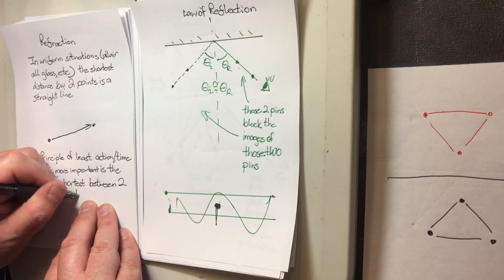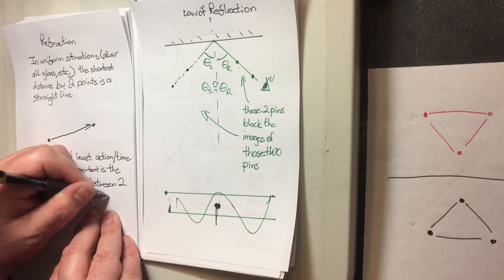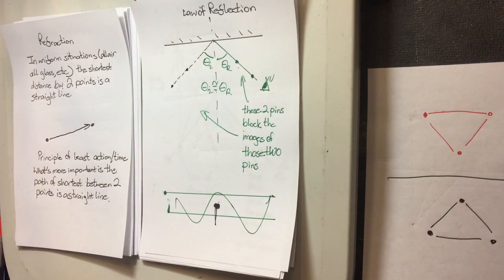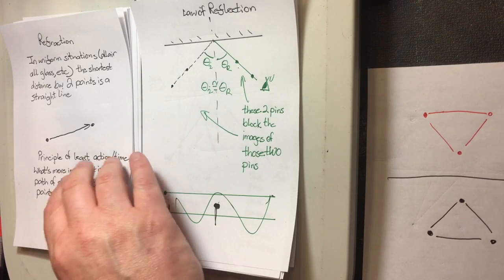It's a straight line. So between 2 points, if you're in a uniform medium, if you're entirely in air or water, or if you're walking on a beach or you're walking on a lawn, if you've got 1 point you need to get to and it's all on a lawn, then you just walk straight to it. Not very difficult.